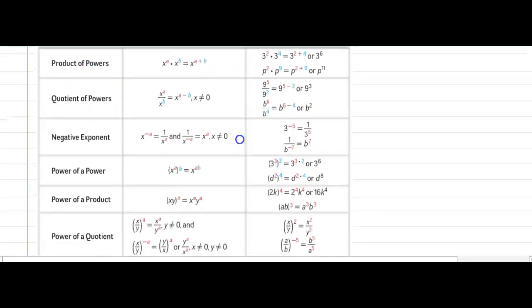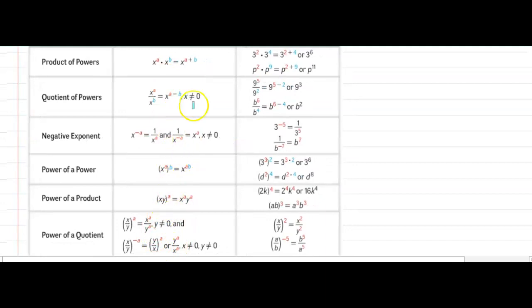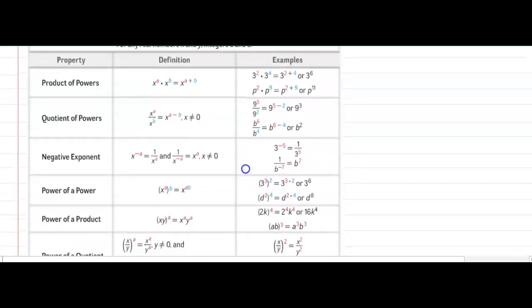Again, if you look through the middle column here, you'll notice that all of this is written with a lot of variables. It's very abstract. It may be easier for you to understand what it's talking about if you just look at the concrete examples in the right column. For example, product of powers, it says that if you have p squared times p to the 9th, p squared just means p times p.